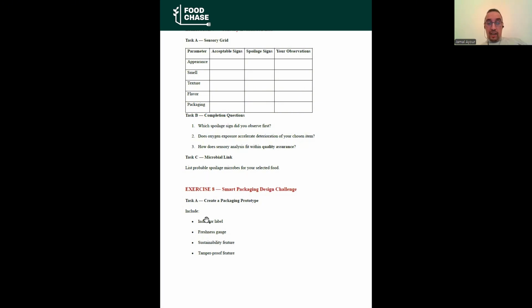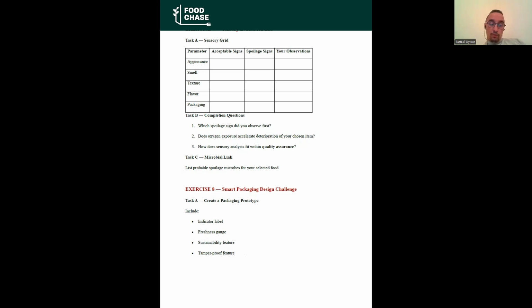About exercise number 8, the objective is about smart packaging design challenges. That is about new technology, to revise our chapter about new technology used for packaging. The objective of this exercise, with the first task, task A, is to create a packaging prototype, including an indicator label, fresh gauge, sustainability feature, and temperature proof feature, for example.